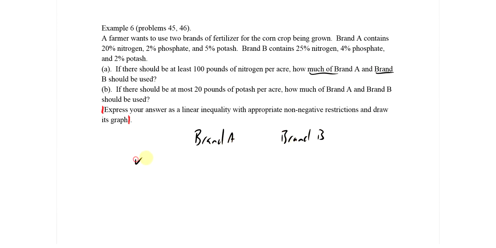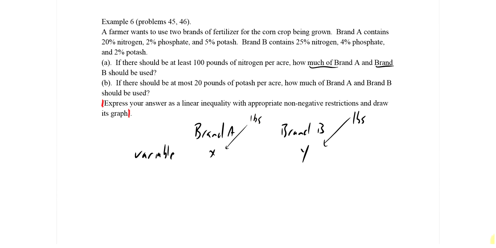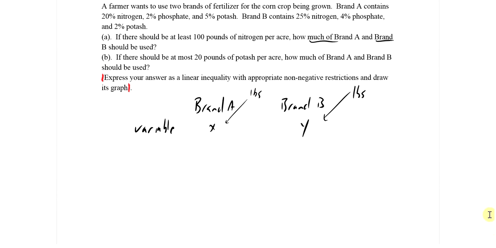And the very next thing I need is, what are my variables? We'll call the pounds of brand A that we're going to use X, the pounds of brand B that we're going to use Y. So these variables are pounds of brand A and pounds of brand B. So, what else do we need to know?